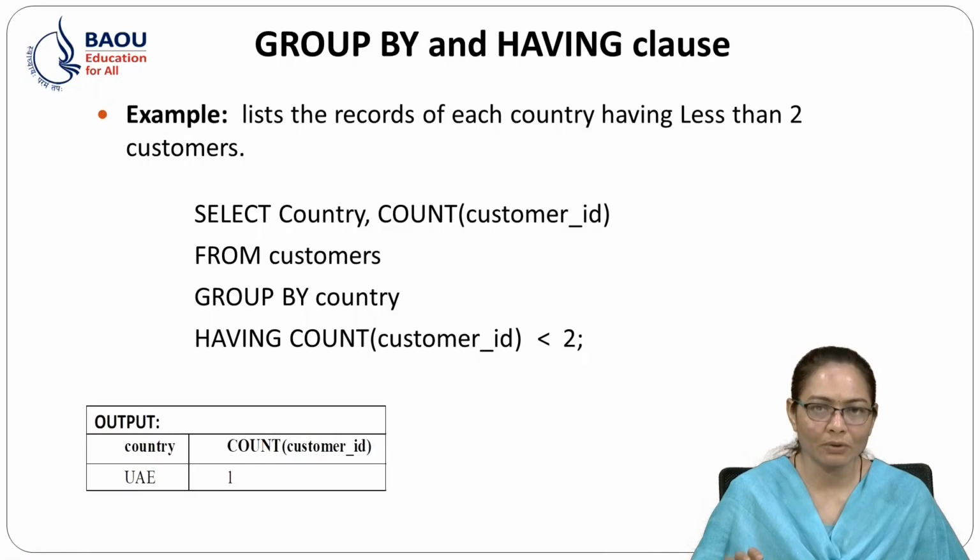In the group by clause, all the country records were displayed, that is 3 records. But with the having clause, the group by result is filtered and only those records are displayed for which the country has less than 2 customers. That is only a single record.